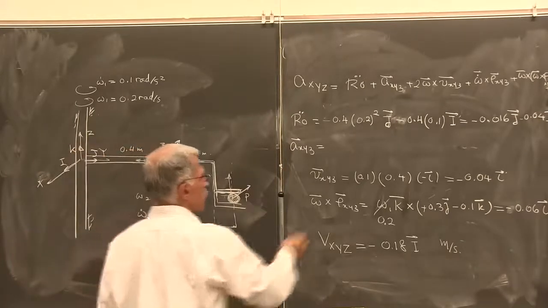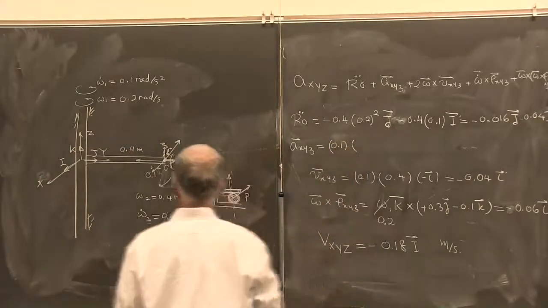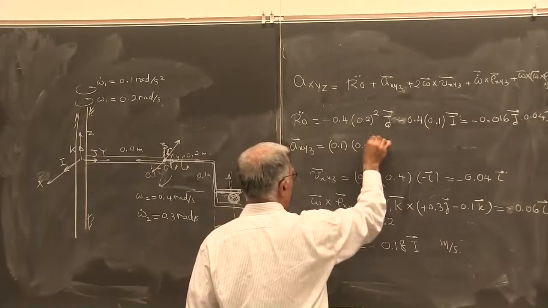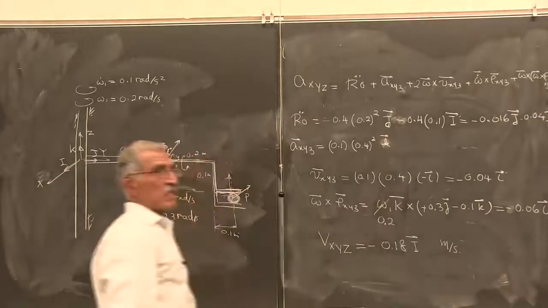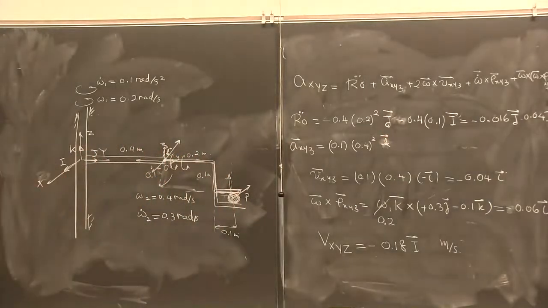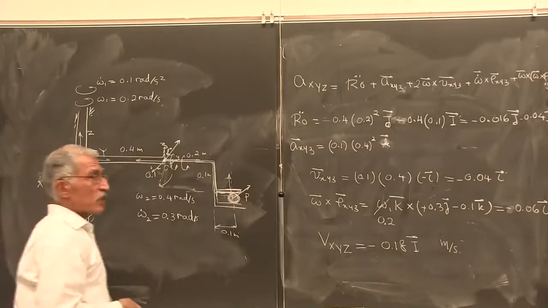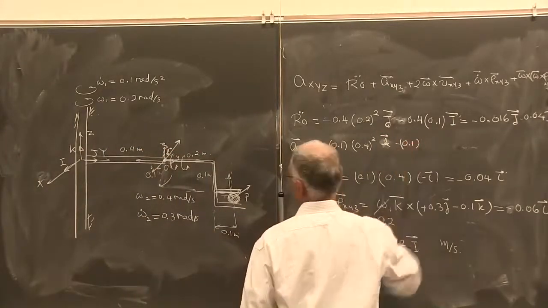So that would be 0.1 times omega, this one, 0.4 square, and the direction of that one is a small k, but at this instance is the same as capital K. And then you have one in this direction, which is r theta double dot, which would be minus 0.1 theta double dot.